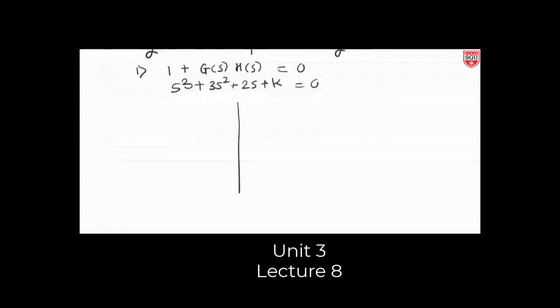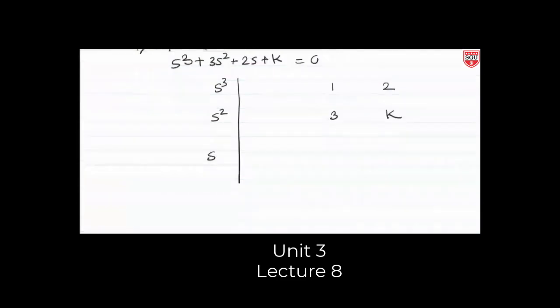Tell me the numbers. First is s cube. S cube will have, I will write fast, 1 and 2. Then s square will have 3 and k. Perfect. Then s raised to 1.